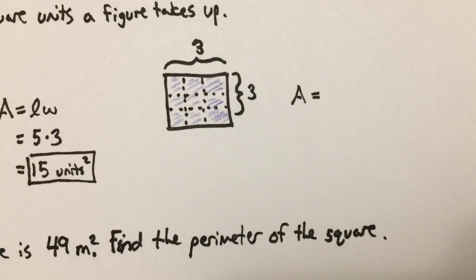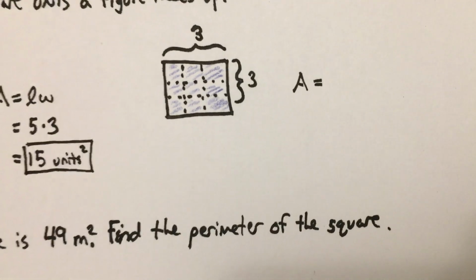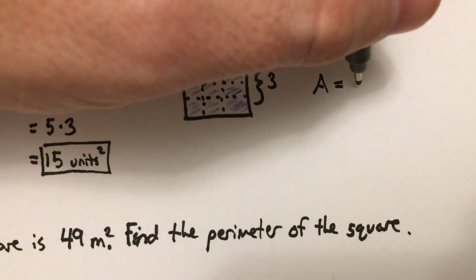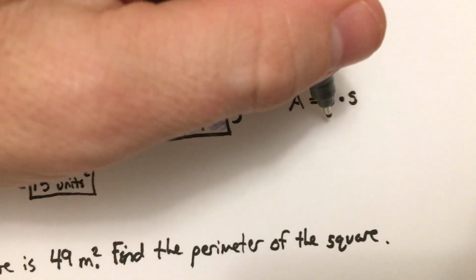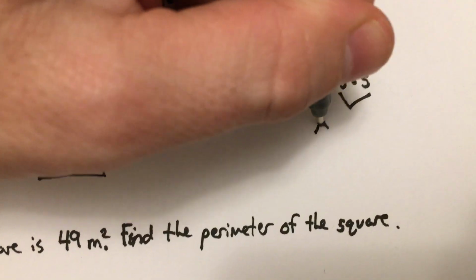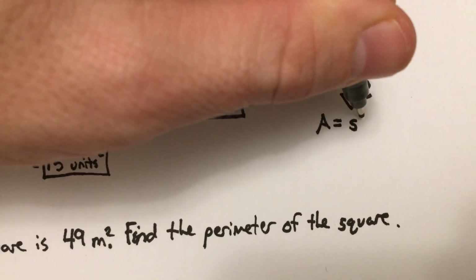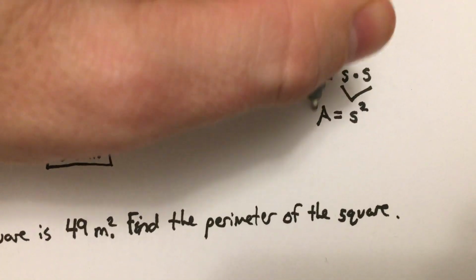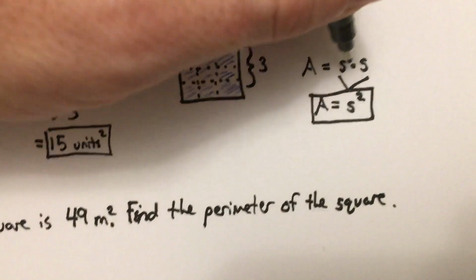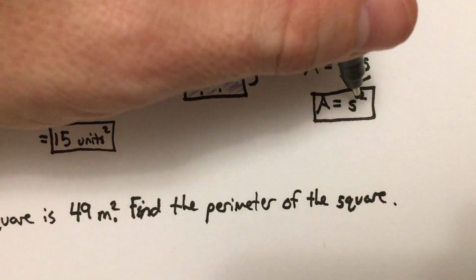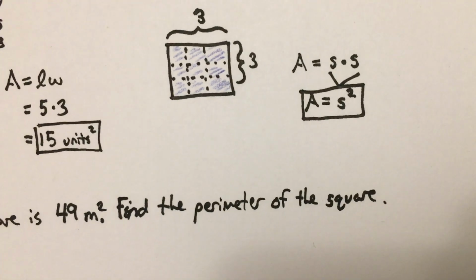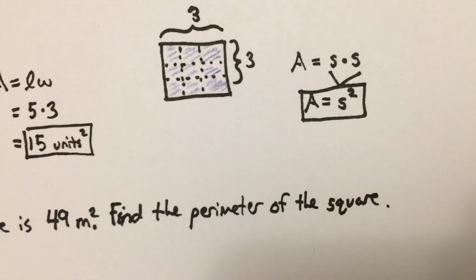So to calculate the area of any square, it would just be side length times side length. Or that's the same thing as area is equal to side length raised to the second power. Because if you remember, repeated multiplication is the same thing as representing it as an exponent.